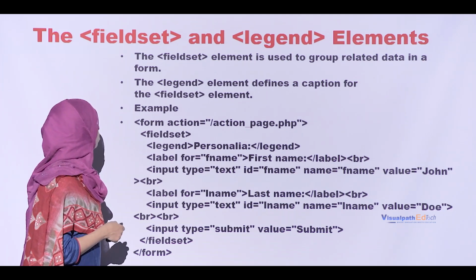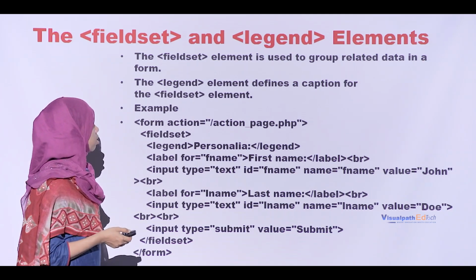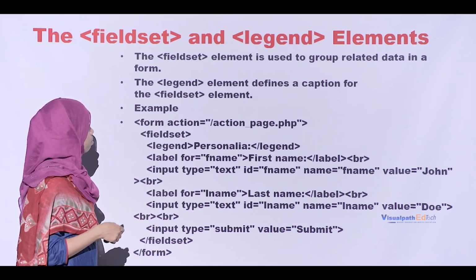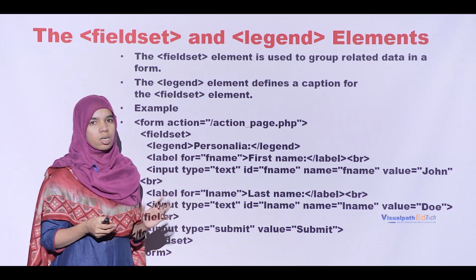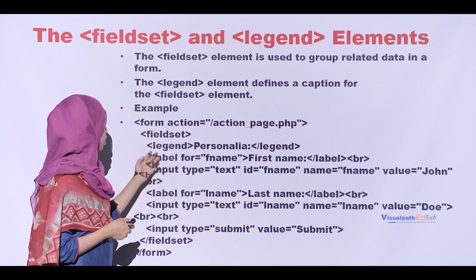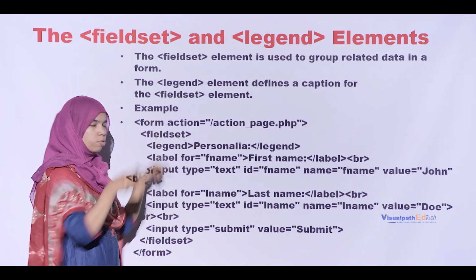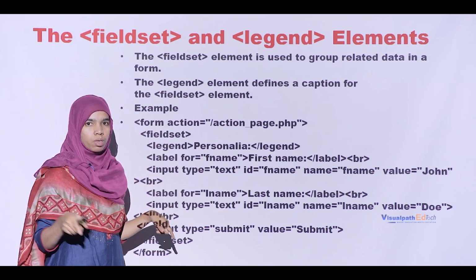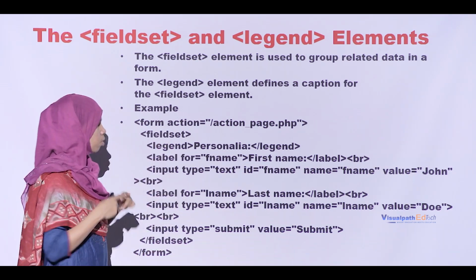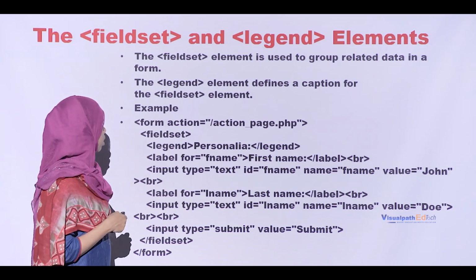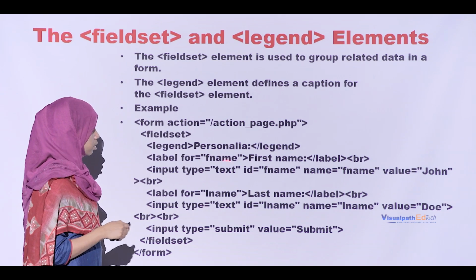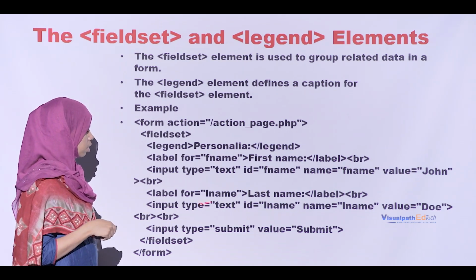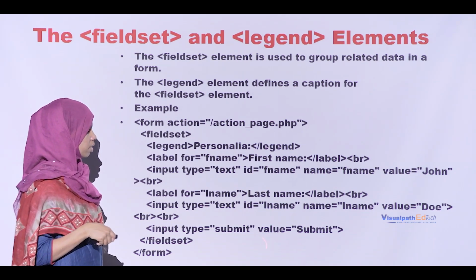Now we have other tags, fieldset and legend. These tags help us give proper indentation to the form. Legend is used for something like personal details. If you are making a separate box or column for it, you can make use of fieldset, and there you put the personal details, first name, last name, and then the submit button.